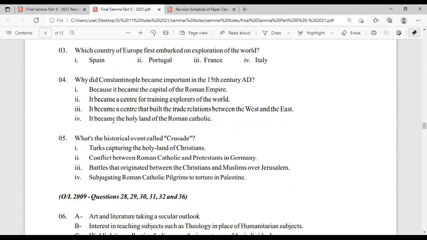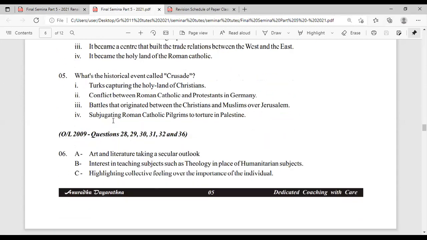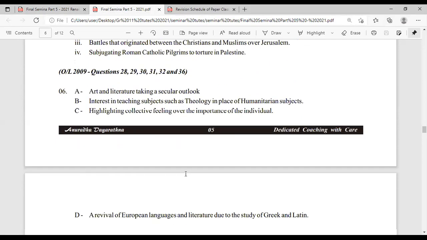Now, 2009 questions. Art and literature taking a secular outlook. Interest in teaching subjects such as theology in place of humanitarian subjects, highlighting collective feelings over the importance of the individual. Religious outlook means religious framework.